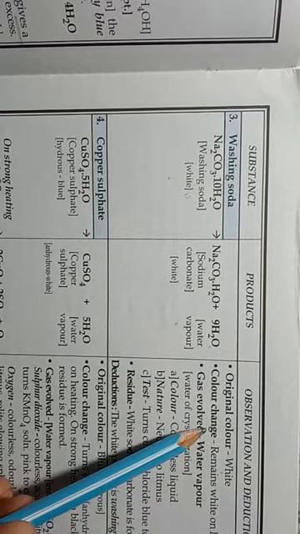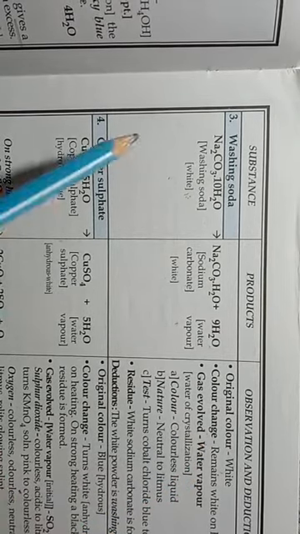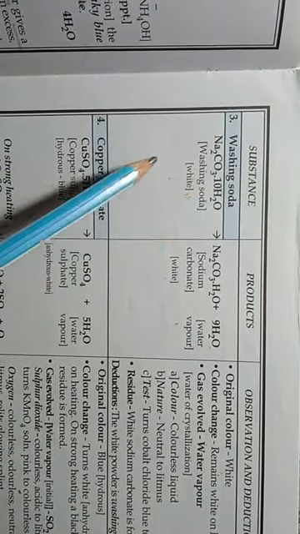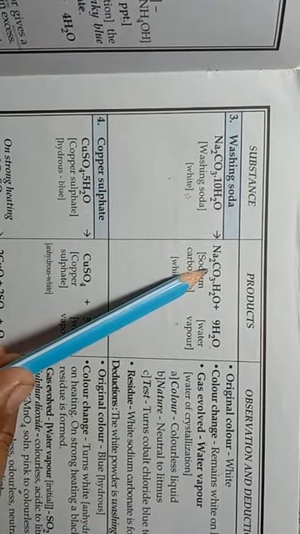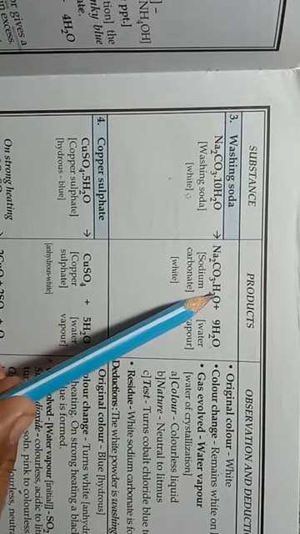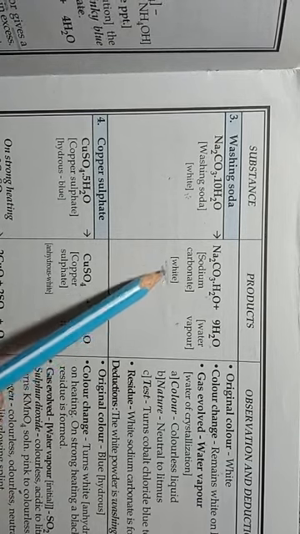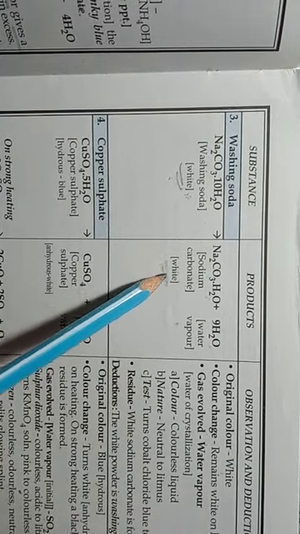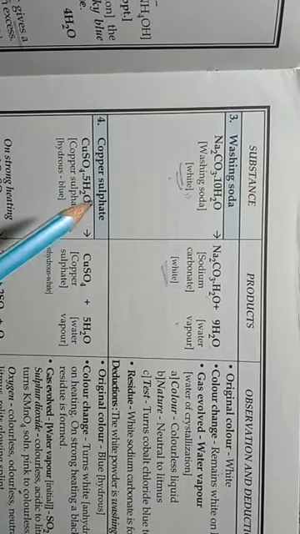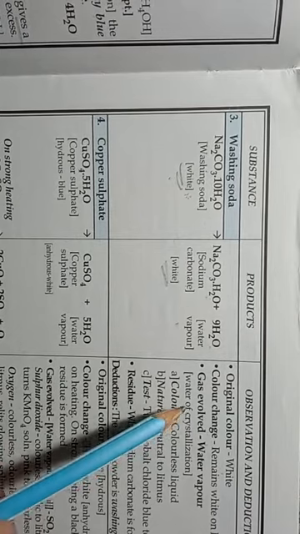and color changes? There will not be any color change when sodium carbonate is heated, because the product which is formed here is sodium carbonate monohydrate, which is white in color. So the initial compound and the product compound are both white in color, so there is no change in color after heating.